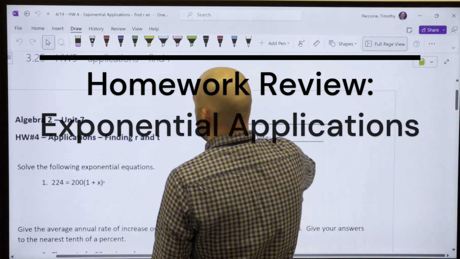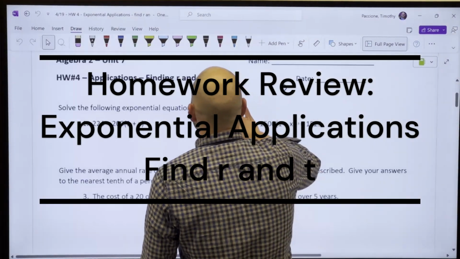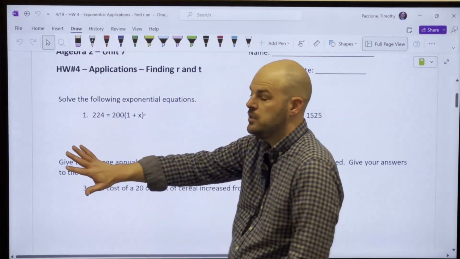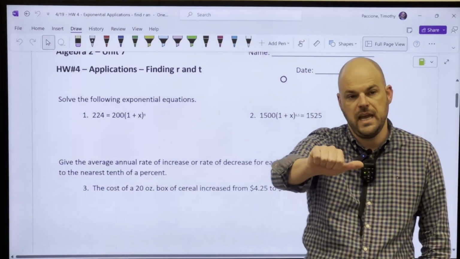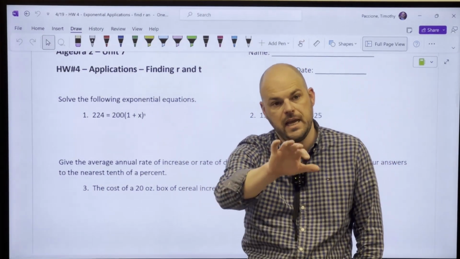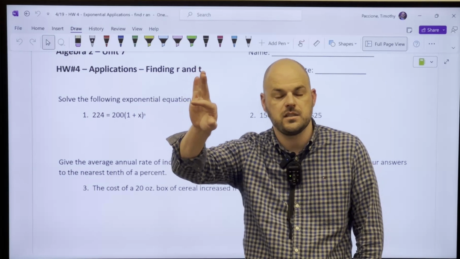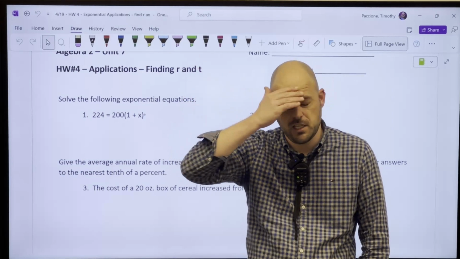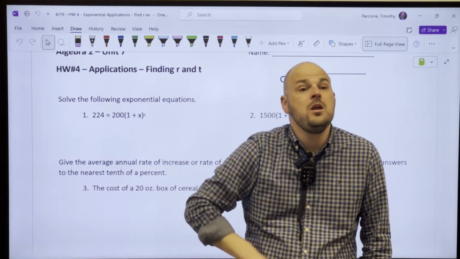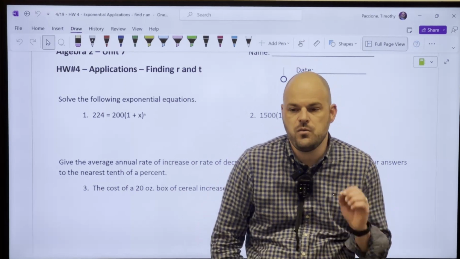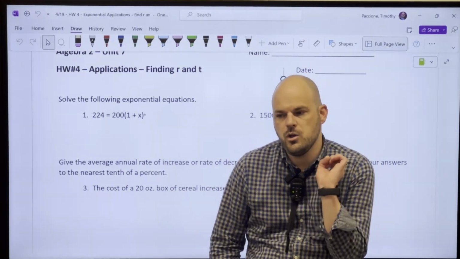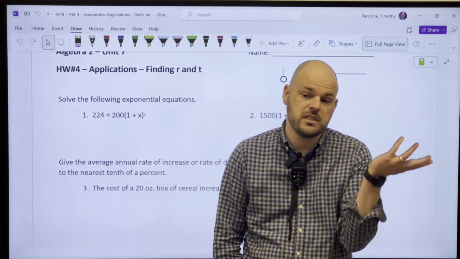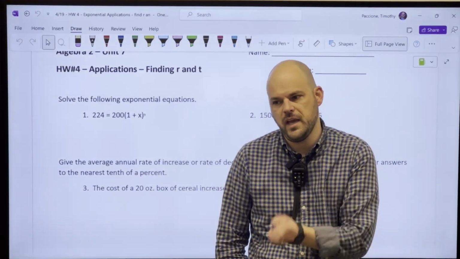So exponential applications, and specifically when you had to find r and t, right? It's y equals ab to the x, or y equals a times 1 plus or minus r to the x, or to the t, right? We change the letters a lot, which is confusing, I know. But specifically, are you finding your percentage rate? Are you finding the time that went by? Because the first lesson we did was just about that starting value and that ending value.